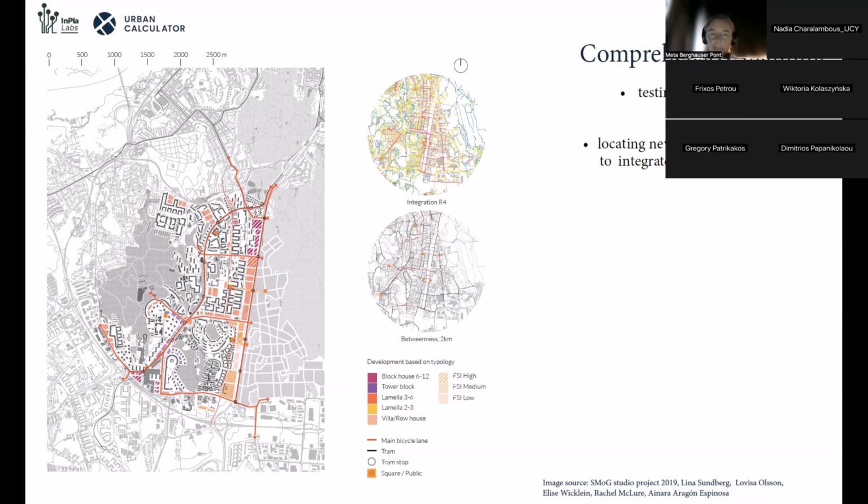So a lot of these big questions where the tool can be very, very powerful to see, okay, how many new connections do we have to make, and what over the old highway that becomes a boulevard, and how will that affect the distribution of centrality? How will it change the accessibility to green areas? All these questions can be answered using the tool.